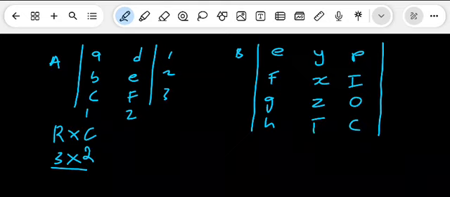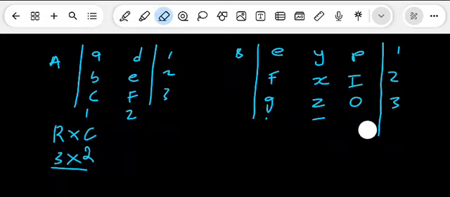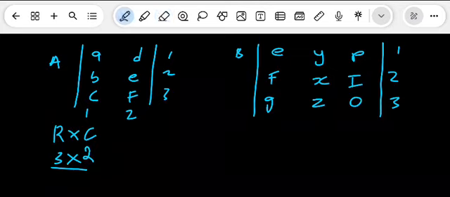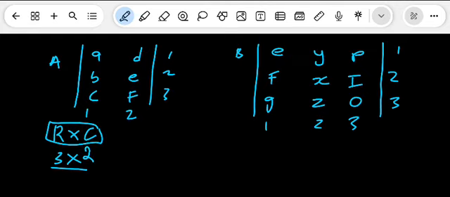So how many rows does this matrix consist of? We have 1, 2, 3 rows, and 1, 2, 3 columns. The order of a matrix is given by rows multiplied by columns, so this will be a 3 by 3 matrix.